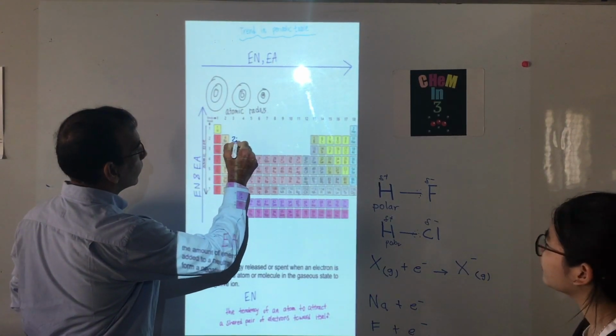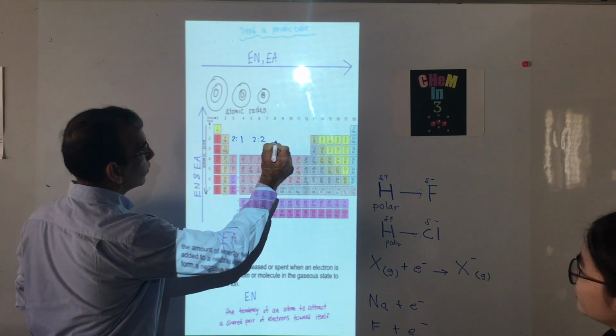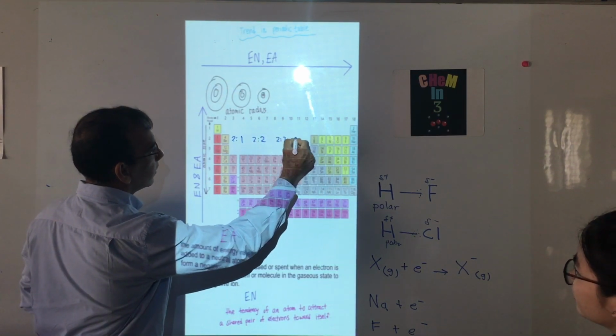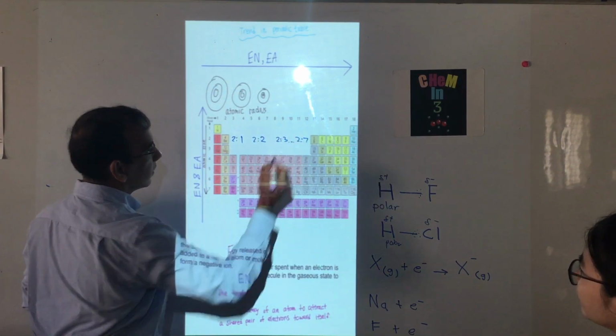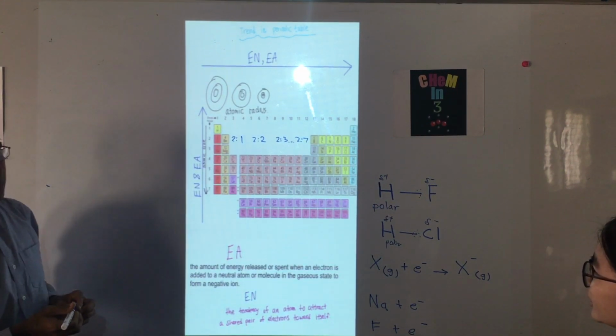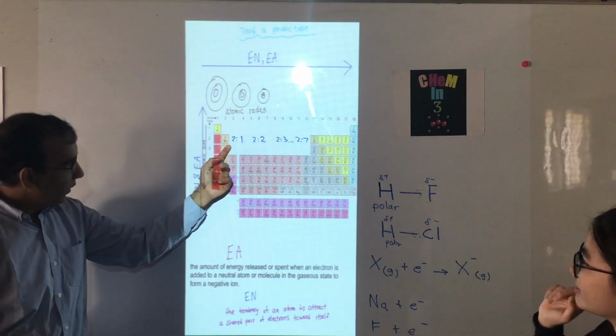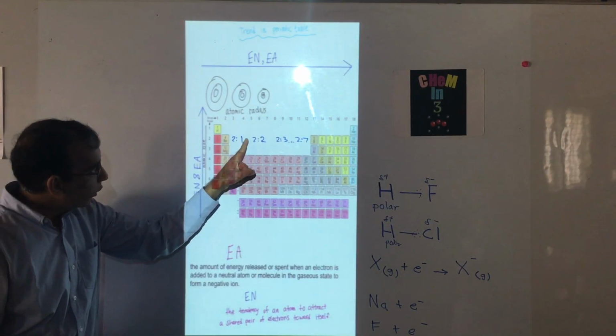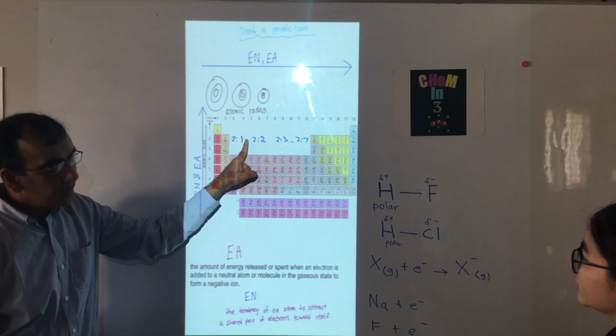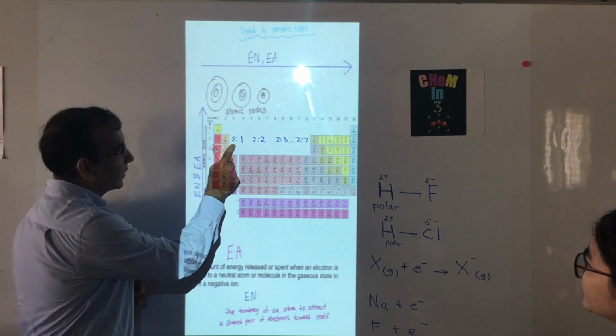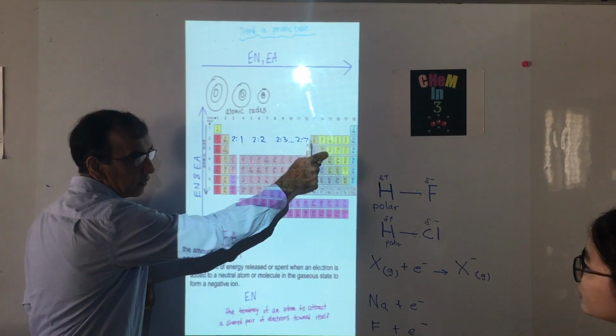Look at it: 2, 1, 2, 2, 2, 3, and you go down to 2, 7. What's staying constant every time? The 2 in the front, and there are no numbers after this, which means that you only have 2 energy levels.